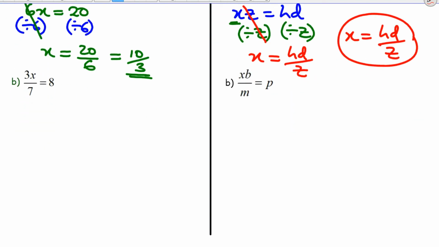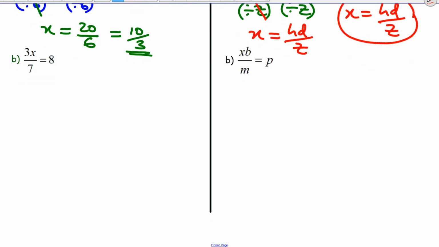Let's move on to the next one. So you have 3x over 7 is equal to 8, and we'll just apply the same process. So the opposite of dividing by 7 is multiplying by 7. So we multiply by 7 on each side. What you'll end up with is, by the way, 7 divided by 7 is 1, so they cancel out.